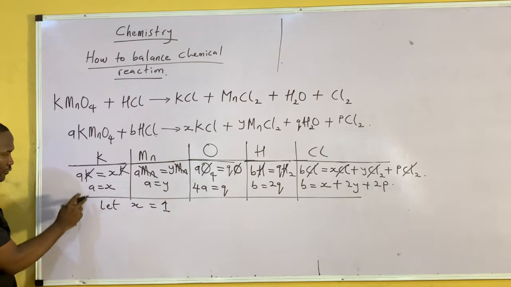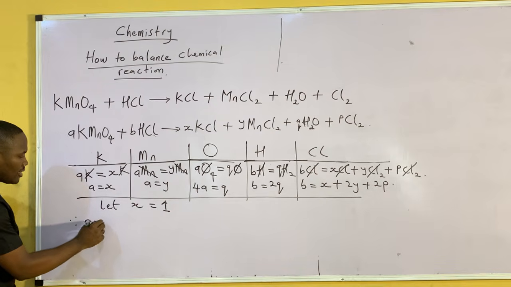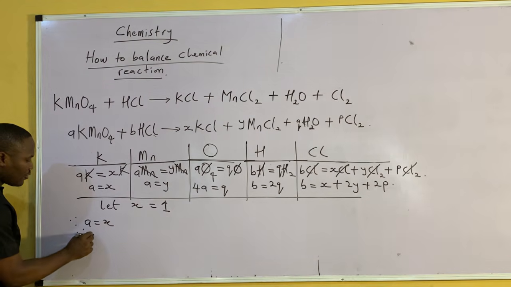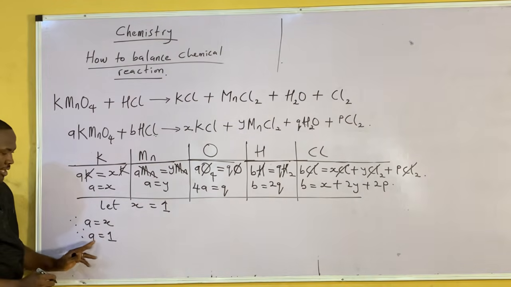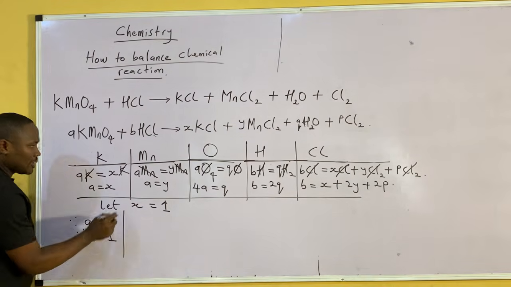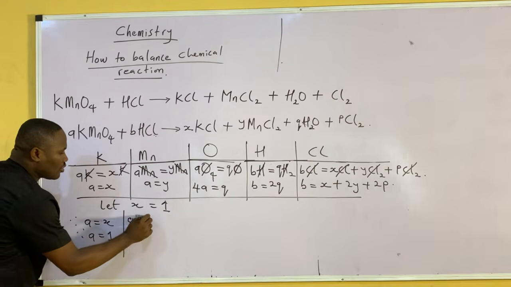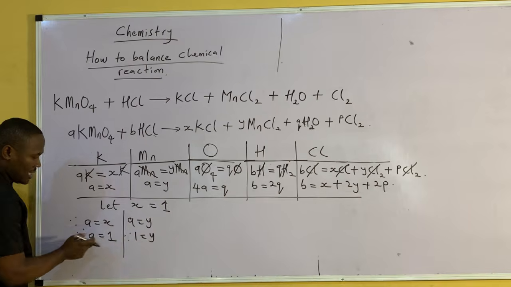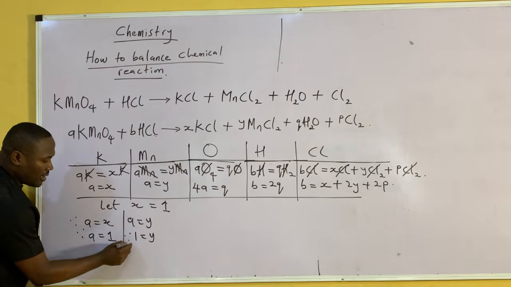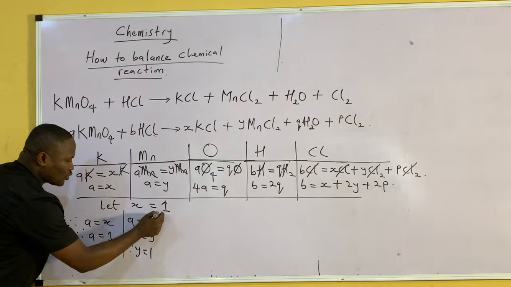So let x equal 1. Therefore, from here, a equals x. Therefore, a equals 1. The next one, a equals y, A is 1, therefore y equals 1.